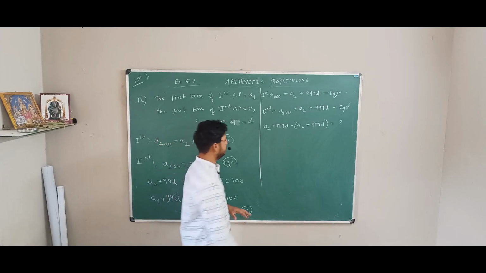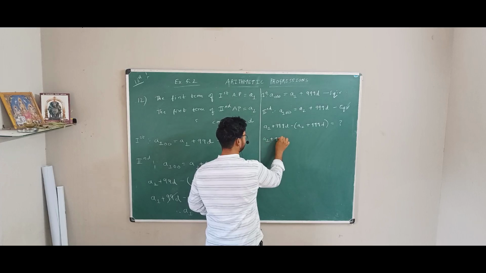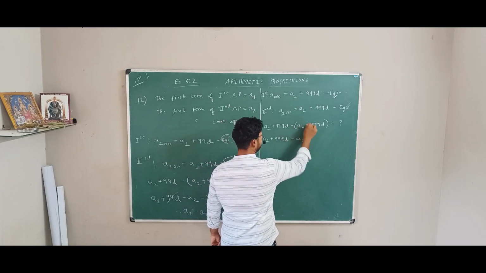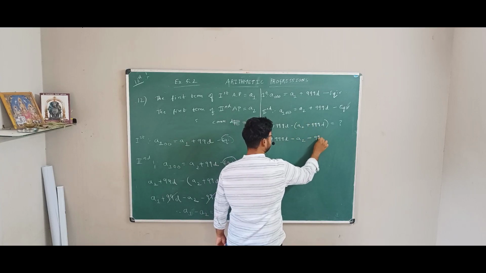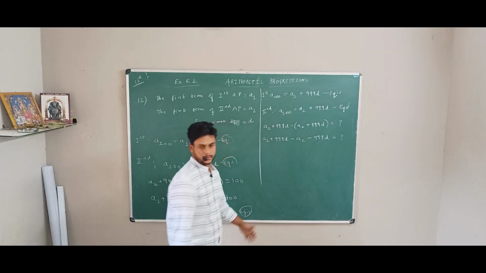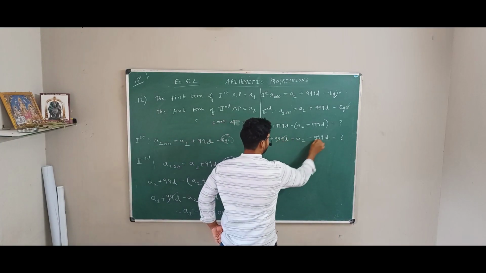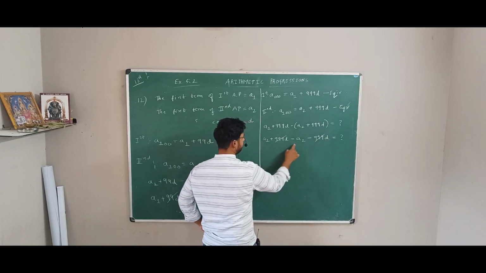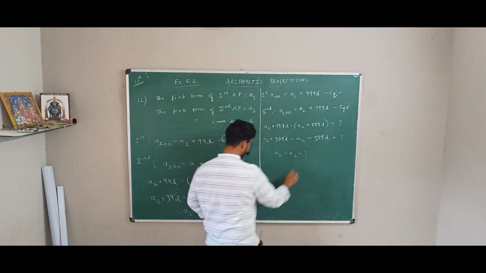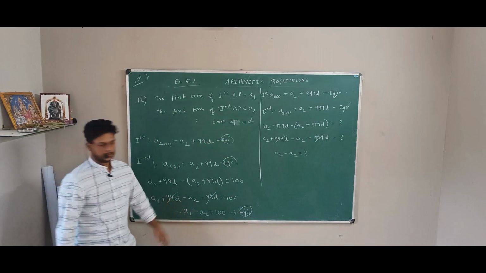Understood or no? Now cancellation. A1 plus 999D as it is, minus A2 minus 999D is equal to question mark. What can I cancel? 999D will get cancelled. Now what is remaining? A1 minus A2 is equal to question mark. Now from the third equation, what is A1 minus A2?